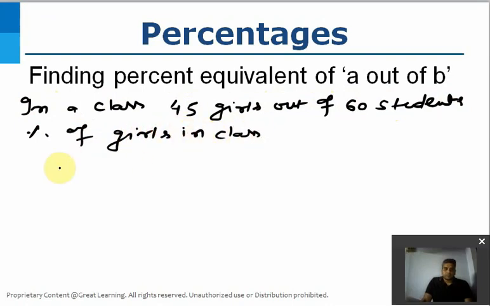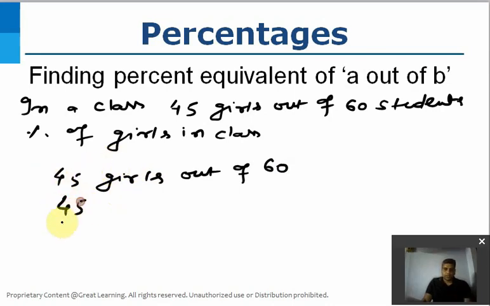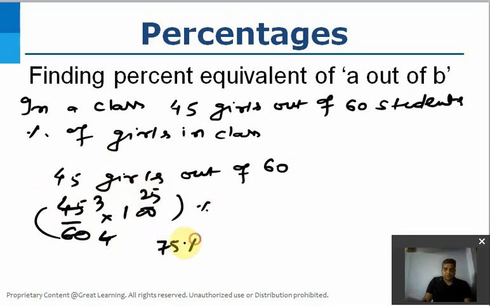So 45 girls out of 60, right? So 45 divided by 60 into 100 is my percentage. So it comes out to be 75%.